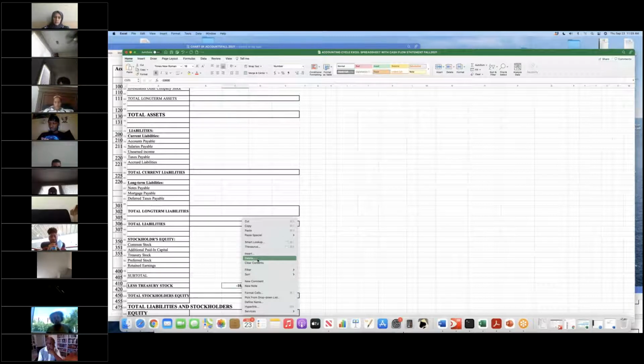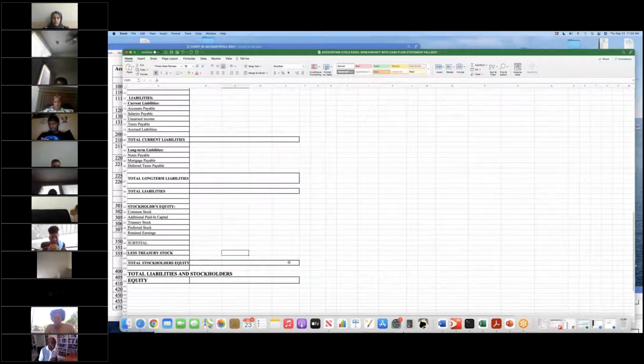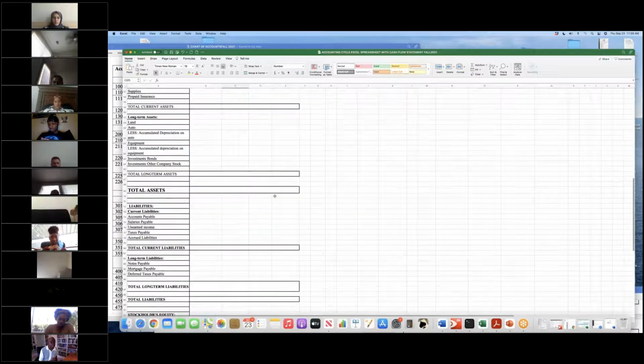So just go ahead and clear this out. On your spreadsheet, just clear that 2,000 out. Total equity, and then total liabilities and stockholders' equity has to equal total assets.